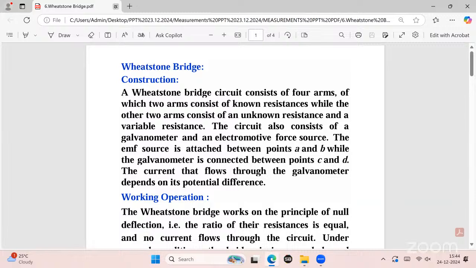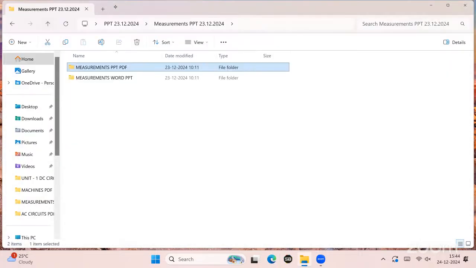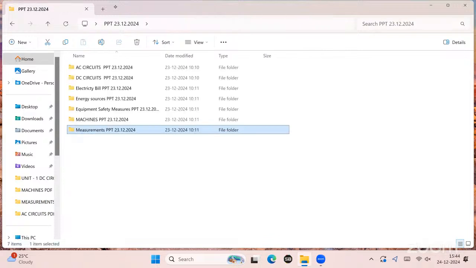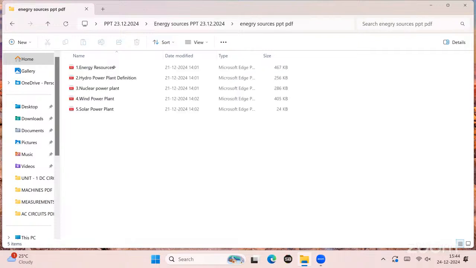What to read? Energy sources: five questions. Hydropower plant definition, layout, and working operation; nuclear power plant, wind power plant, solar power plant.